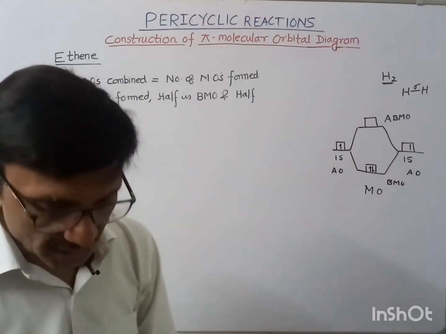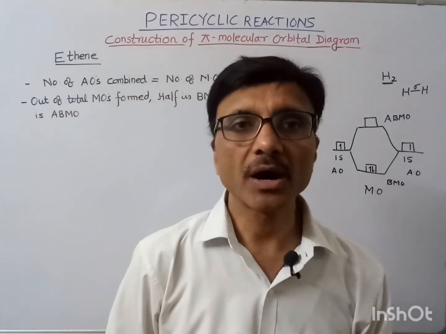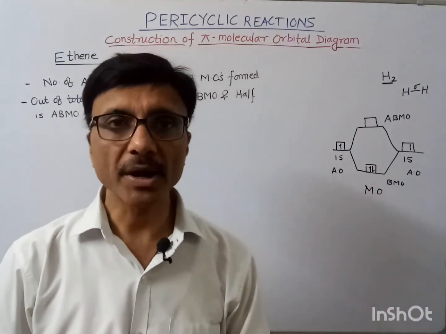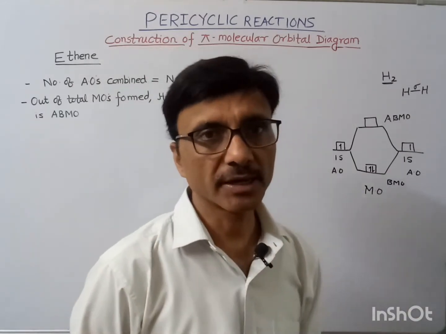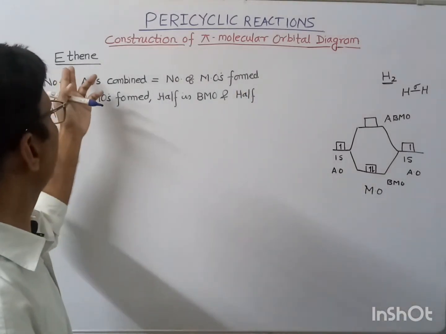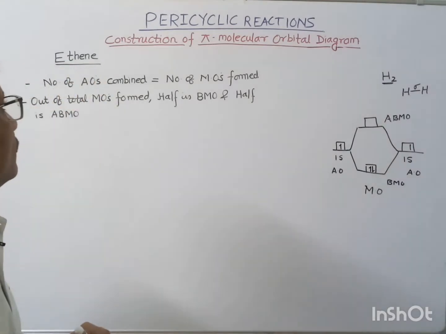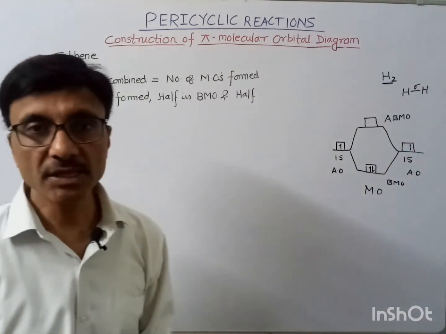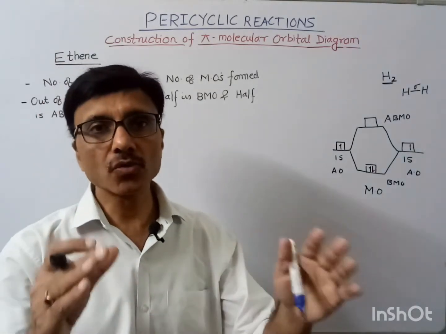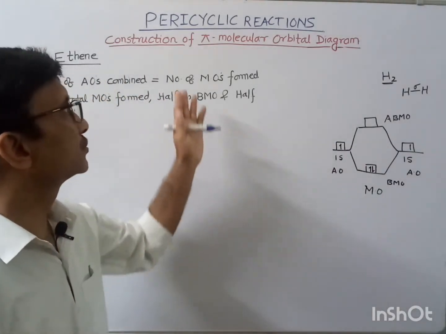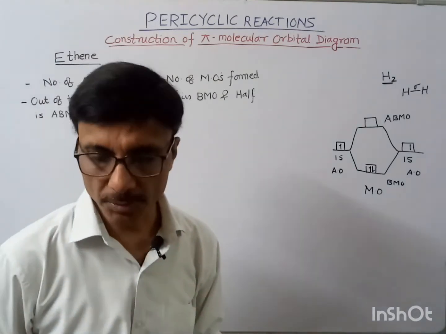But in pericyclic reactions, we are concerned with the pi molecular orbital diagram, not the sigma molecular orbital diagram. So first we will draw the molecular orbital diagram for the ethene system, and we will then see some more rules for the construction of pi molecular orbital diagrams.